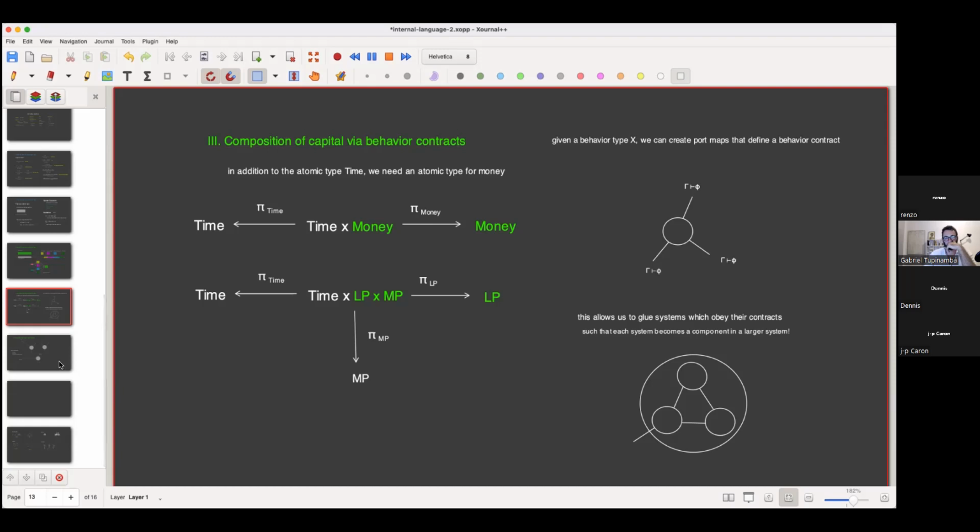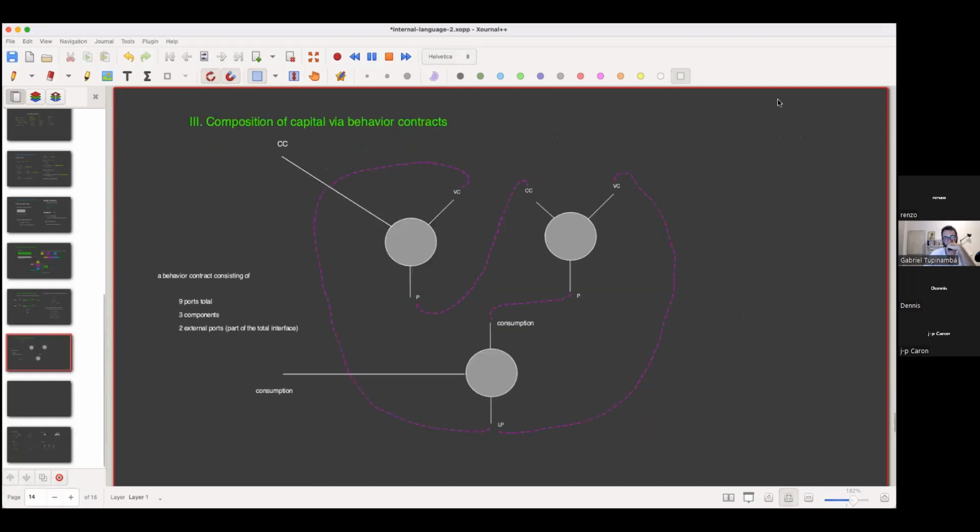So this diagram here is my attempt at doing what Marx already does in Capital, where he describes how these firms start to interact, right? So what we have here are two departments or capitals that take in variable capital and constant capital, and they produce some product. And maybe the product of one becomes the input constant capital for the other, right?